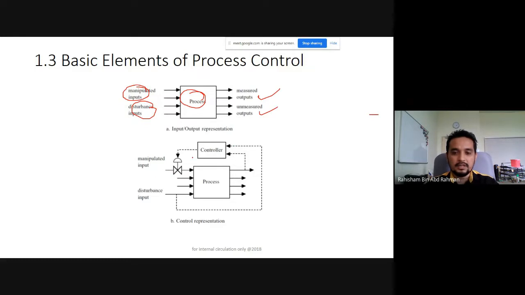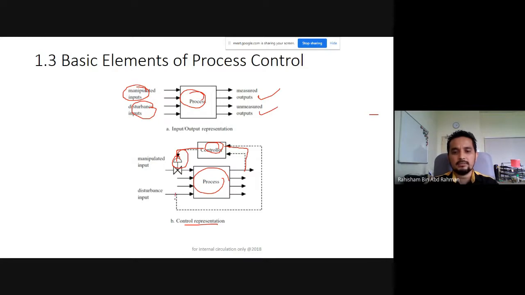Okay, if we transfer into control representation, this is input, output. This is the control representation. So we have a process, and the process output will be fed back to the controller. The controller will send to the input manipulated variable, and then it will change accordingly.